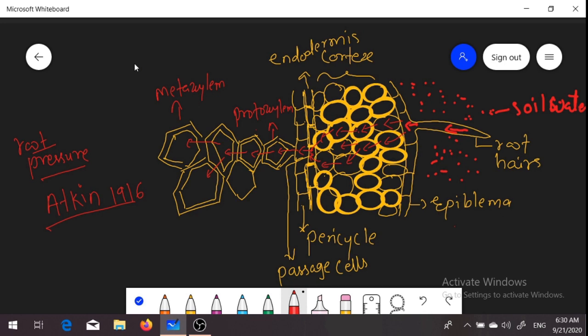Okay, so this osmotic absorption theory, even though it shows the points as we feel that it is the correct one, this theory was rejected because it has some drawbacks. Okay, so what drawbacks are they?